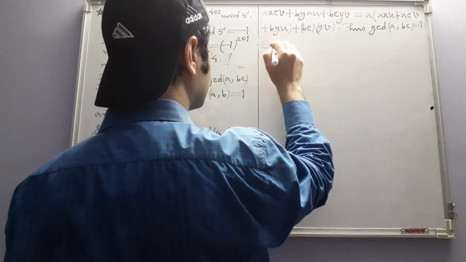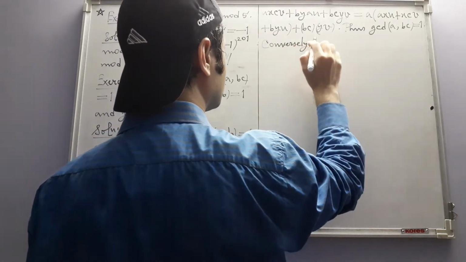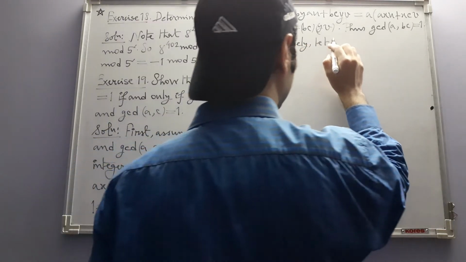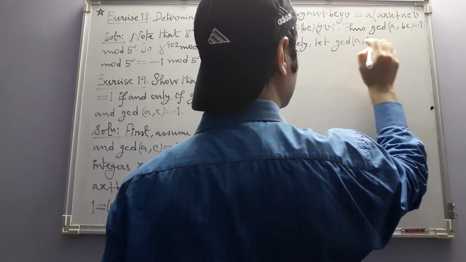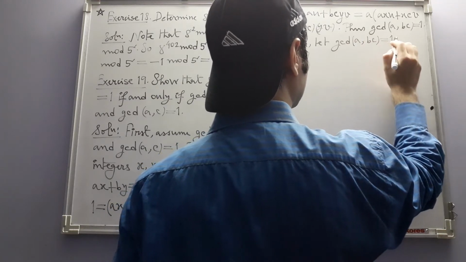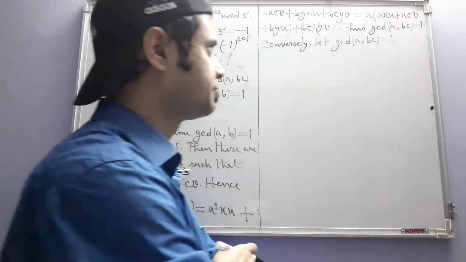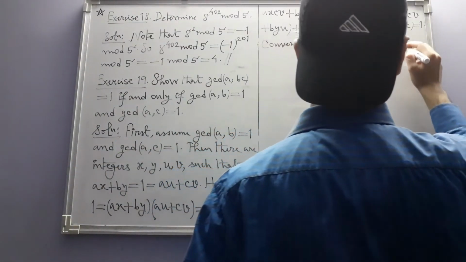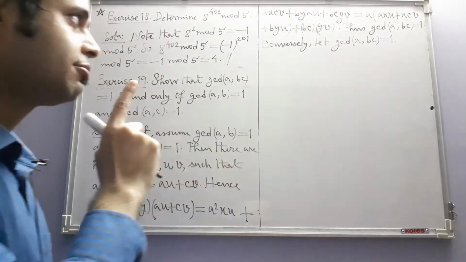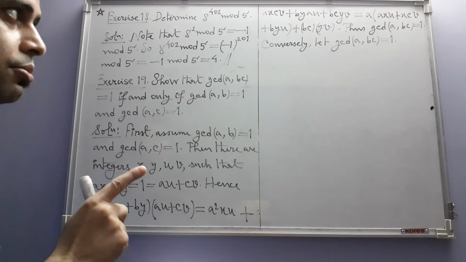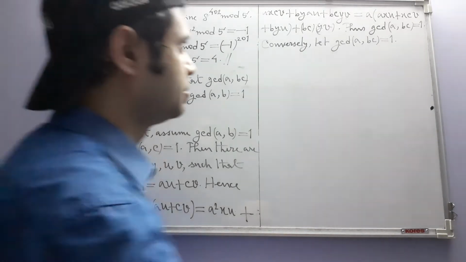Conversely, let GCD of A and BC be equal to 1. Okay, so we have to prove that GCD of A and B is also equal to 1 and GCD of A and C is also equal to 1.